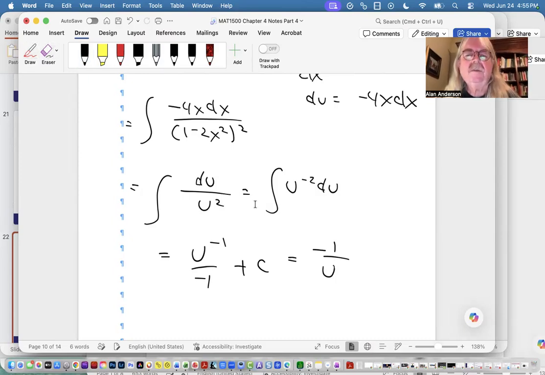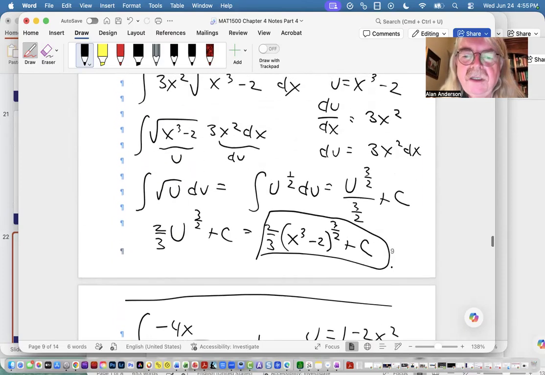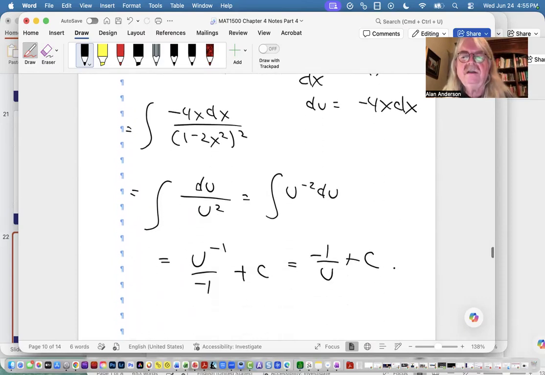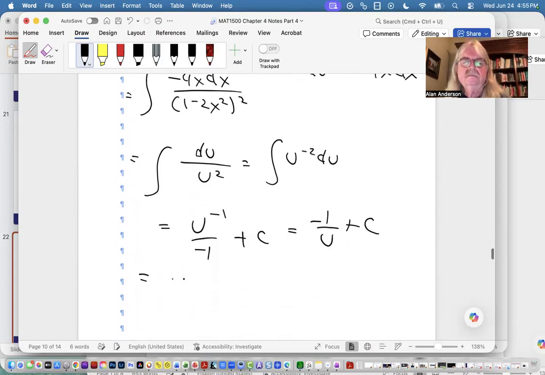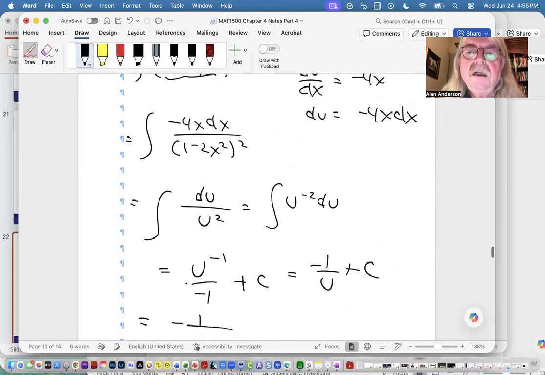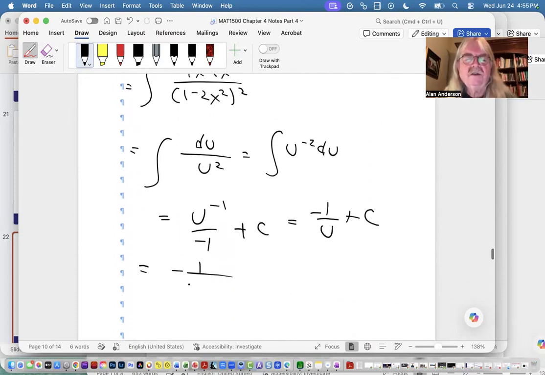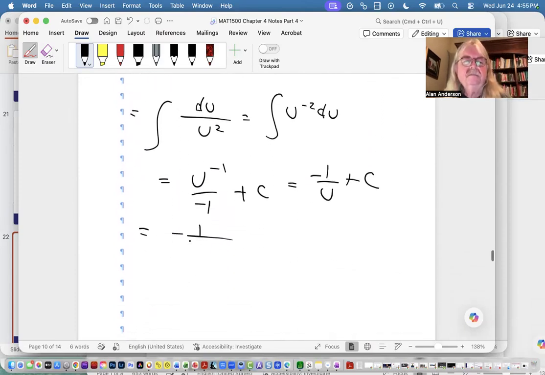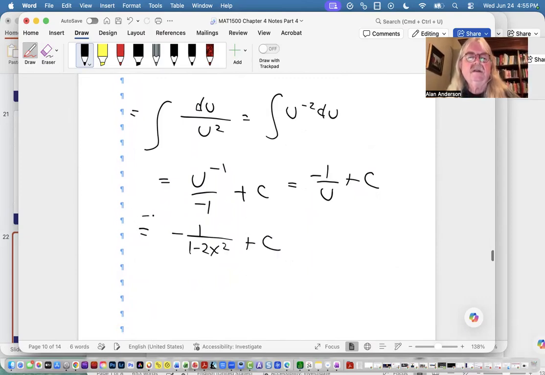In this case, we might want to rewrite it as negative 1 over u, to make it a little simpler. And of course, u is 1 minus 2x squared. And there we are.